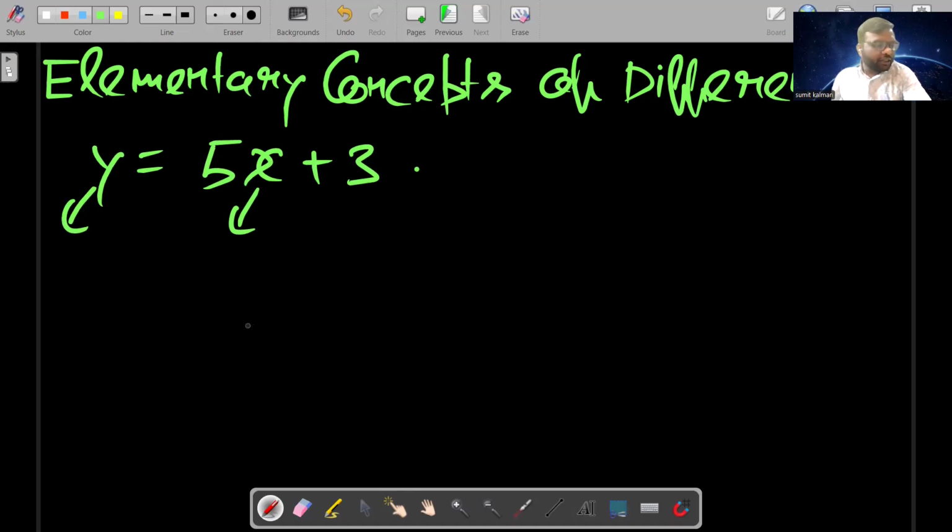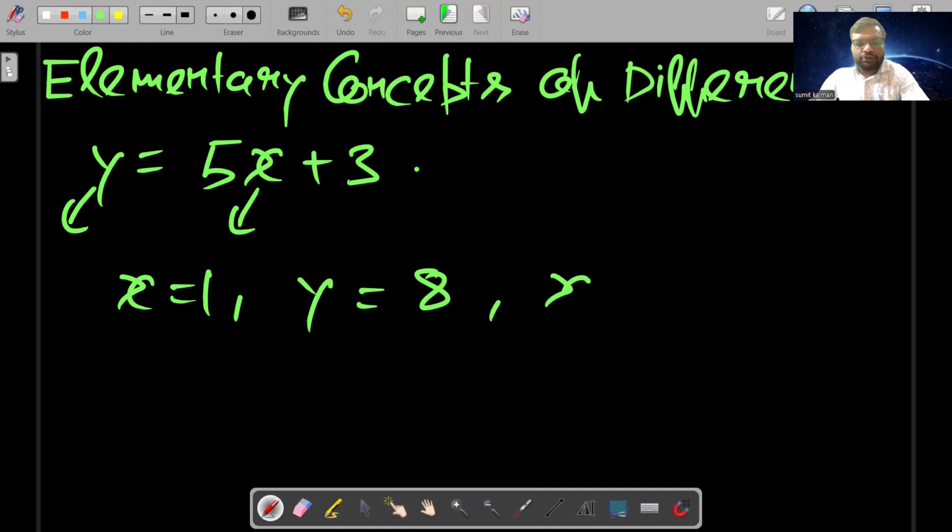Now here students, put x is equal to 1. In this function, if you put x is equal to 1, then you will get y is equal to 8. Put x is equal to 2, then you will get y is equal to 13.